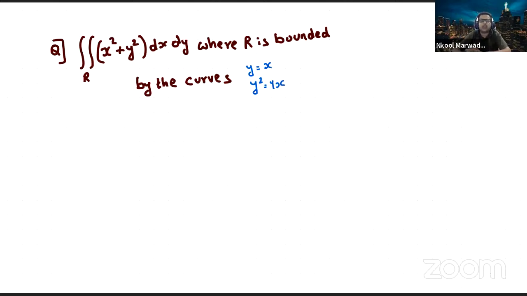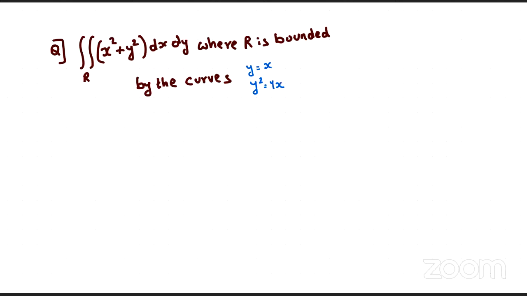So in this question, we have a double integral over a region R, and this region R is bounded by y is equal to x and y square is equal to 4x. We have to solve this double integral. Or we can write it as y is equal to 2 root x.